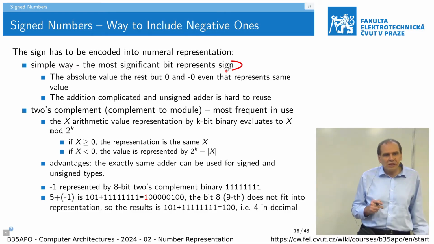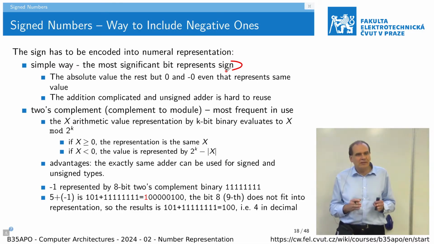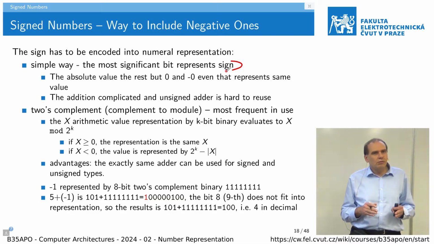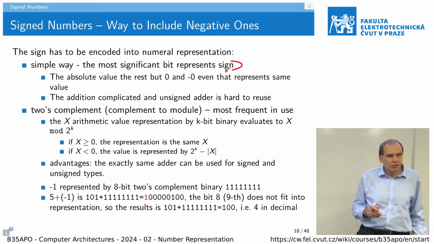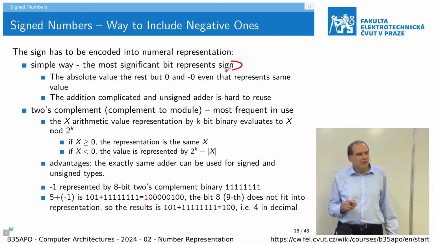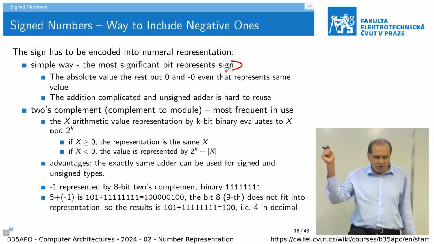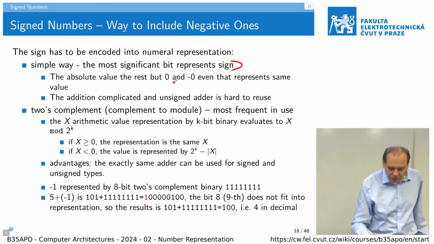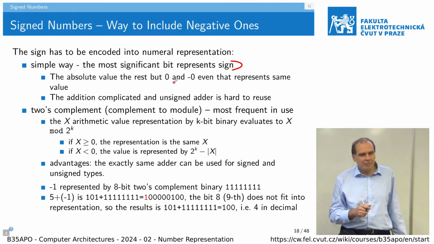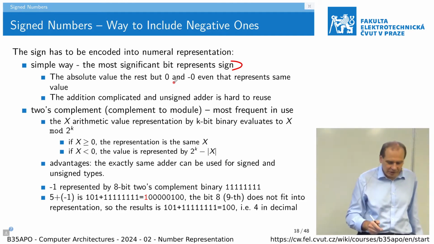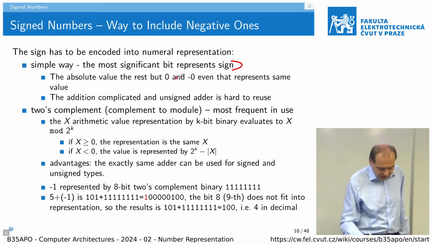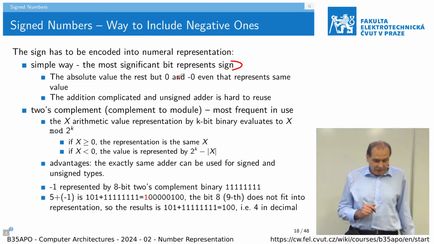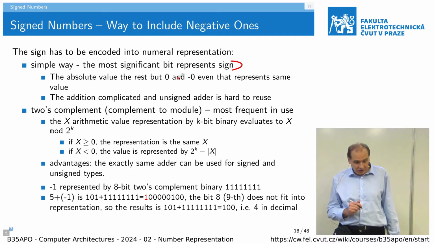But we usually do not want to extend, for example, unsigned char to have it 8-bit and signed char to be 9-bit. So we usually take that 1 bit from the representation. So usually we use the most significant bit in the representation to represent the sign, and the actual absolute range is a little smaller.